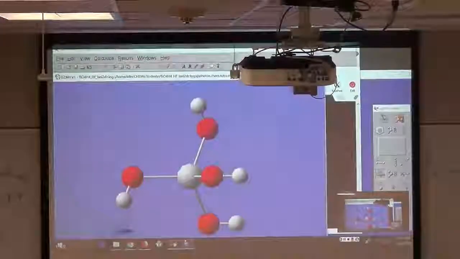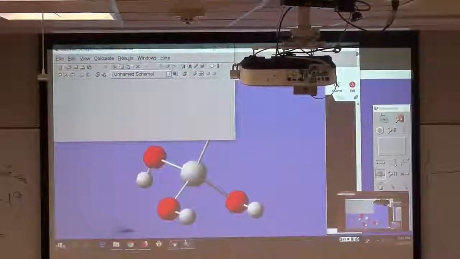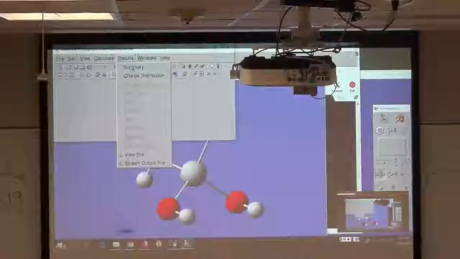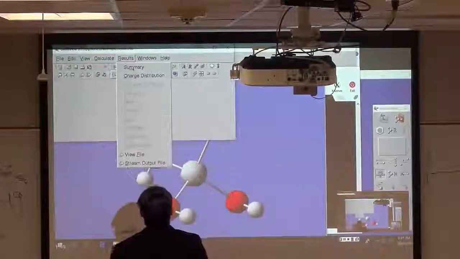So it will pop up the geometry, which will not be changing if you were not modifying it. And then there will be a button, results and summary.